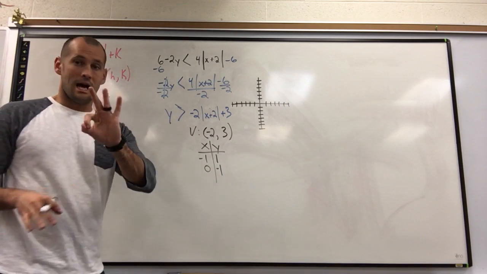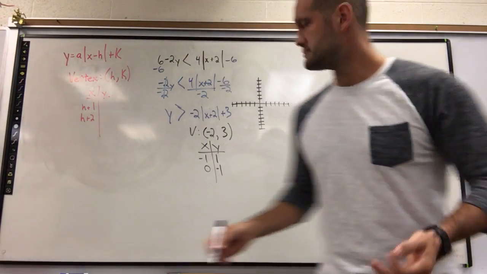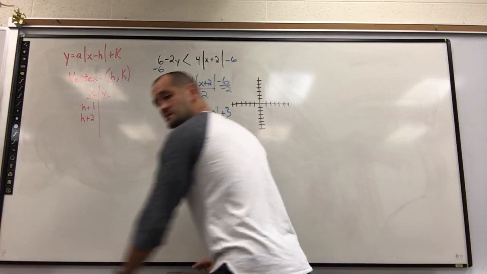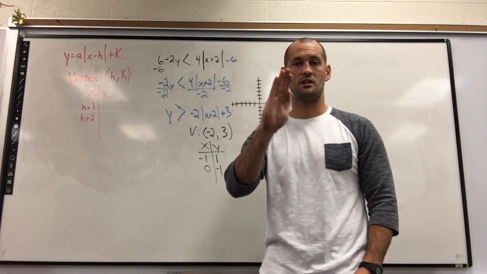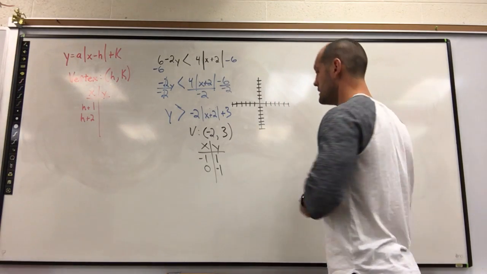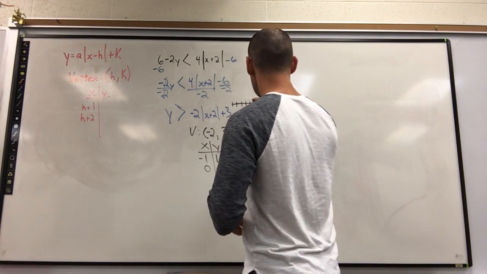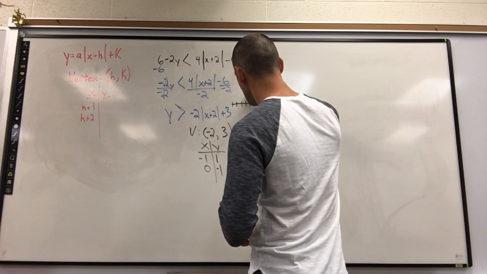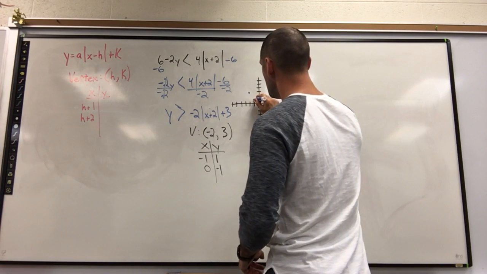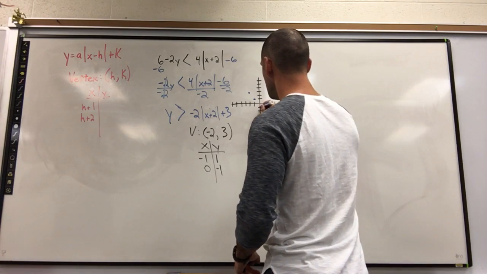I have 3 points. Let's start graphing it. I go to where my vertex will be. The vertex really acts as the door hinge. All of our points are just going to be revolving around that. We're going to be mirroring them. Negative 2, 3, right there. Negative 1, 1. And 0, negative 1.